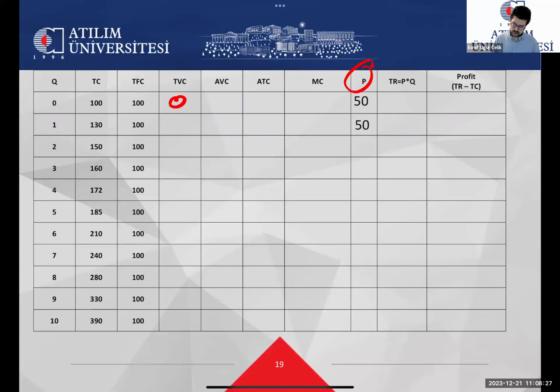So price is fixed, and I said price equals marginal revenue. Okay, let's write the price in all rows. Then 30, 50, 60, it's going to go like that.